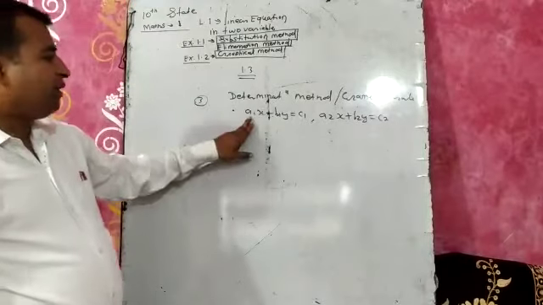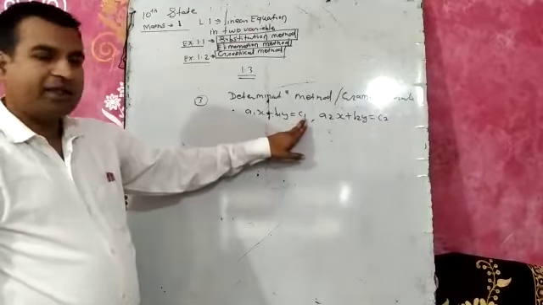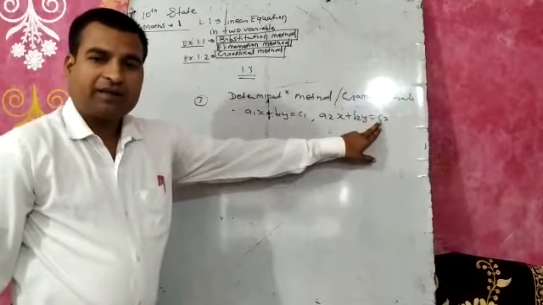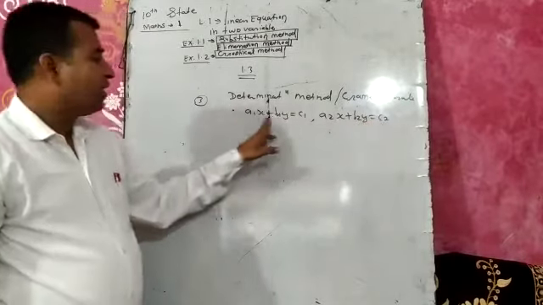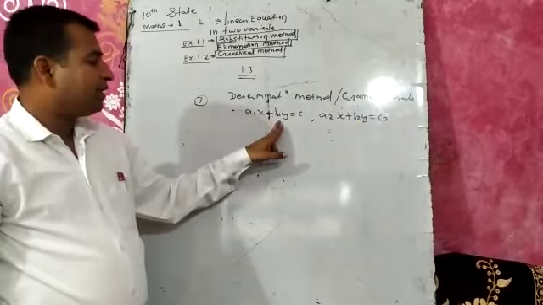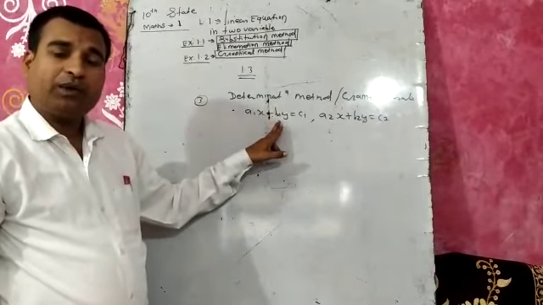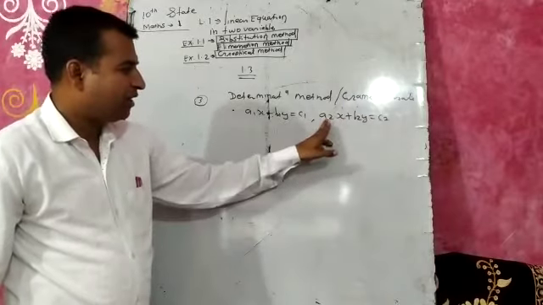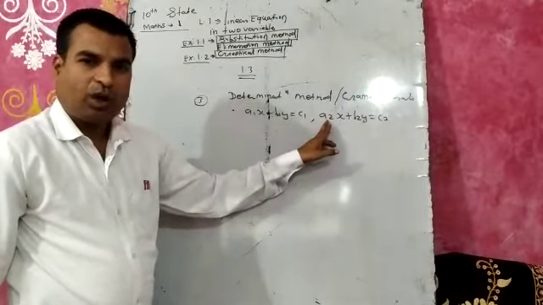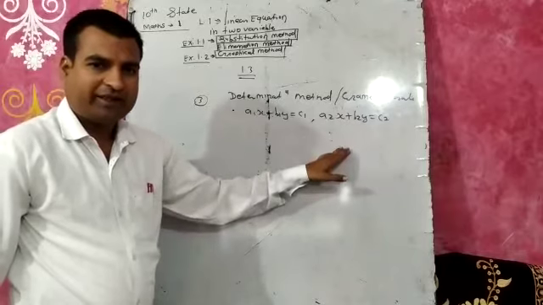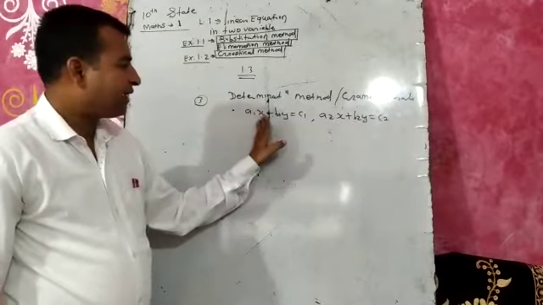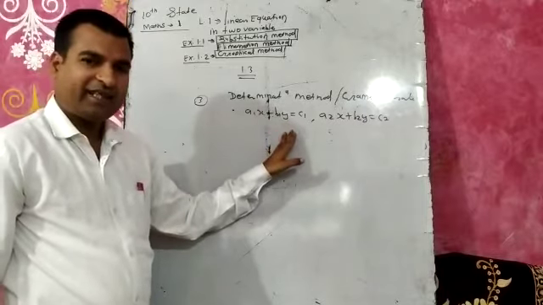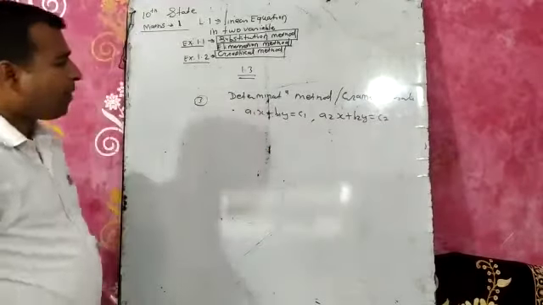Here a1, b1, c1, a2, b2, c2 are any real values. Here a1 and b1 are not equal to 0 simultaneously. Here also a2 and b2 are not equal to 0 simultaneously. This is the condition of this equation.